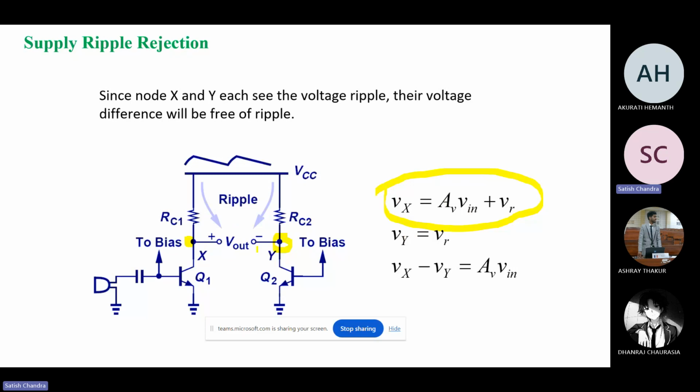If I take the output as the difference between the two, these two noise terms cancel out, and we get the output like this. That is what we call supply ripple rejection. Whatever humming noise comes is cancelled out by this circuit.